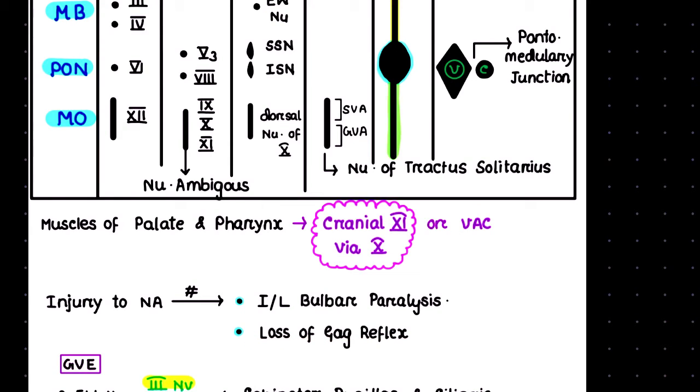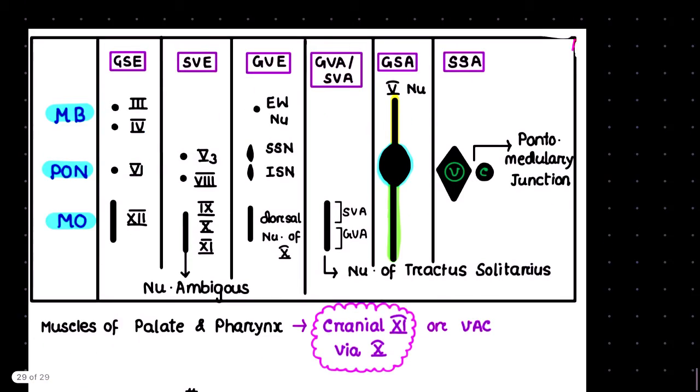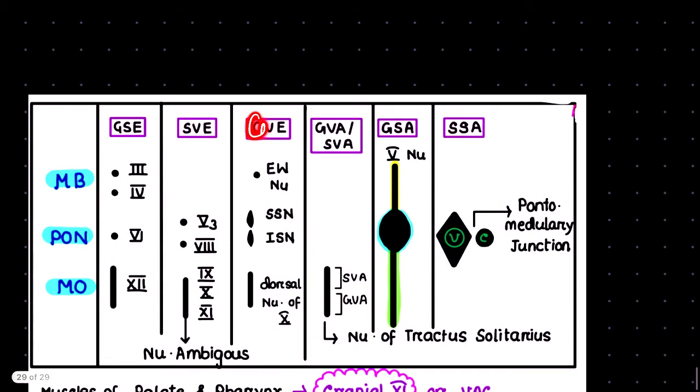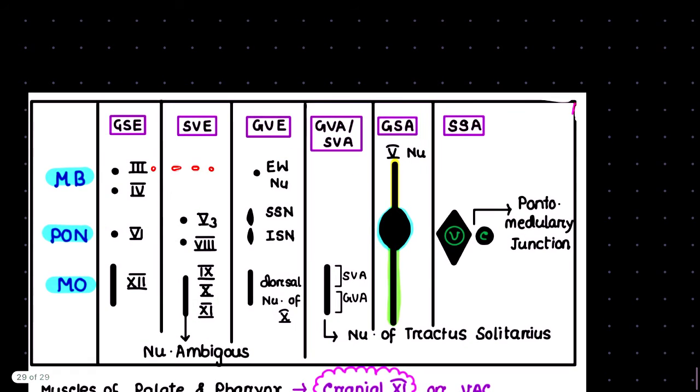Okay, now moving further, we have the general visceral efferent column. In this column, in the same position as the third cranial nerve, we can see the Edinger-Westphal nucleus.